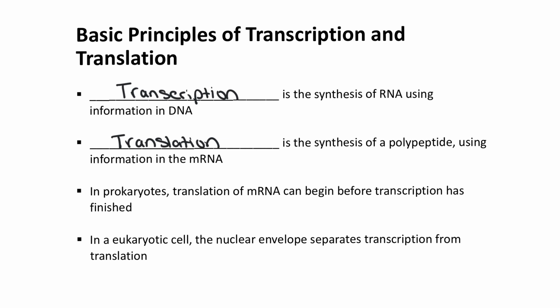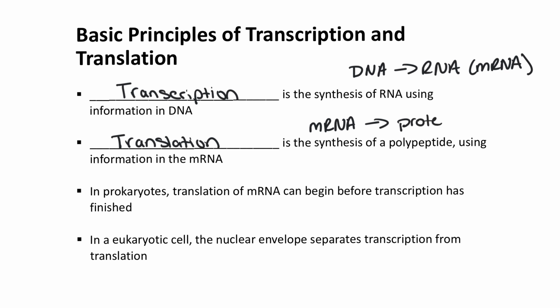So transcription is going from DNA to RNA, specifically mRNA, which is the messenger RNA. And translation is taking that information in the mRNA and converting that into a protein.